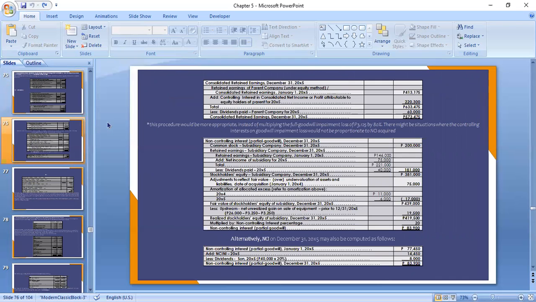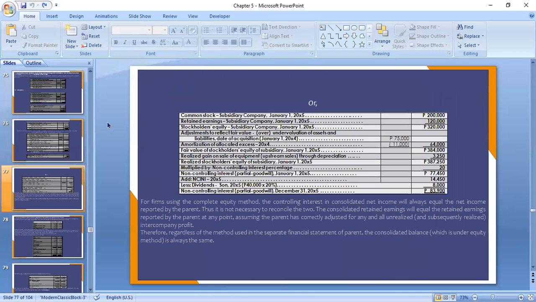With the consolidated retained earnings of 573,475, non-controlling interest using the partial goodwill approach of 83,900, with the alternative computations. So now the non-controlling interest on December 31, 20x5 is 83,900.